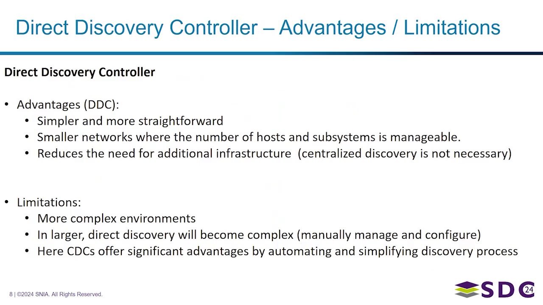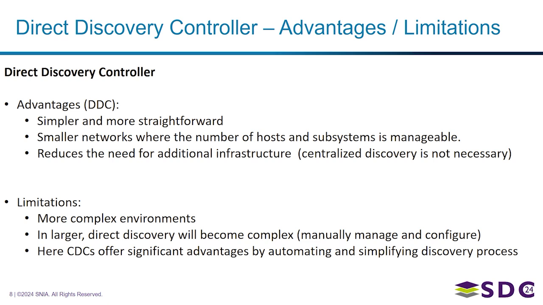This slide talks about the high-level advantages and limitations of the DDC. It is a simpler and more straightforward way to implement, and it works very well when there is a manageable number of hosts and subsystems on a smaller network. Since we don't need a centralized way of discovery to find the hosts and the storage, it reduces the additional infrastructure needed for deployment in this environment.